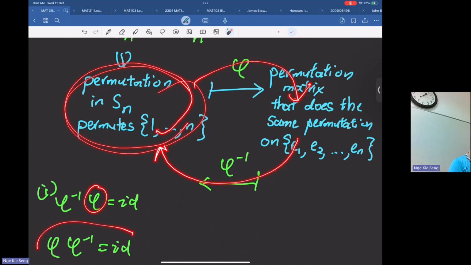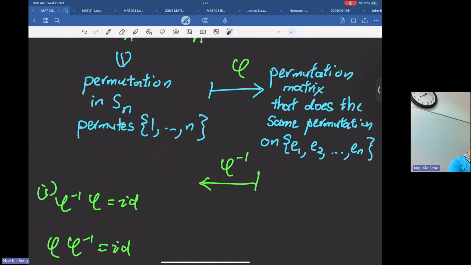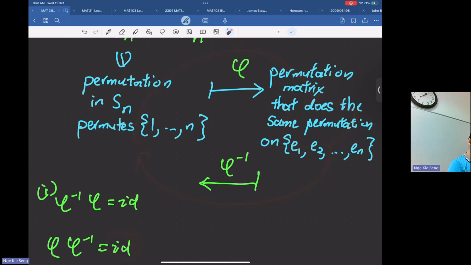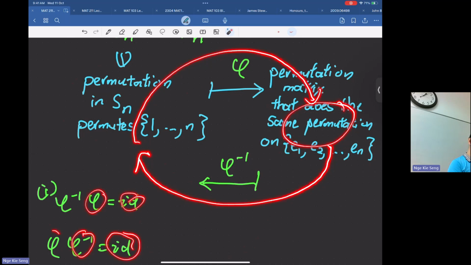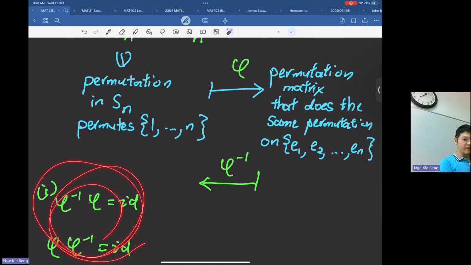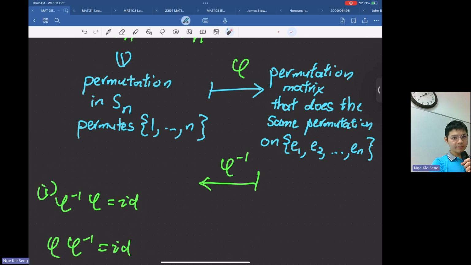And for the next one, if I start with the codomain, I go by the inverse, and then I send it across phi. I should get back the same permutation matrix. Okay, this is what phi inverse phi identity and phi phi inverse identity mean. I will show you in future how to use this to prove this kind of statement.